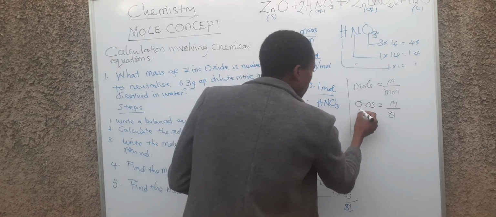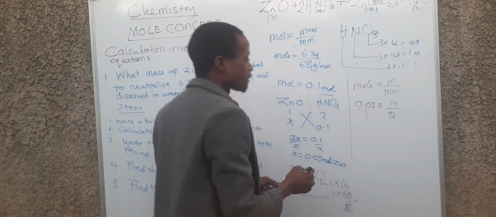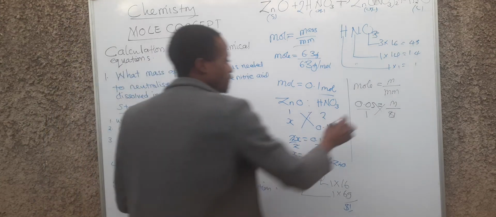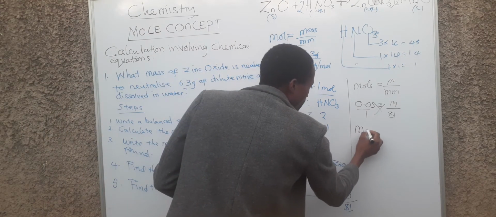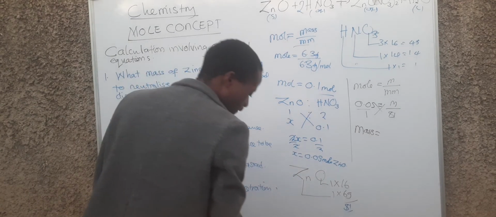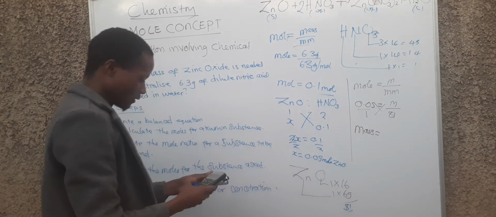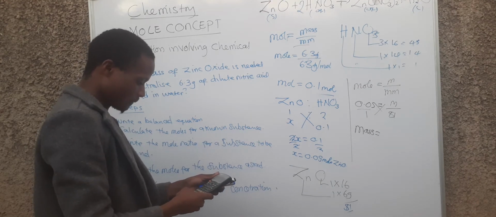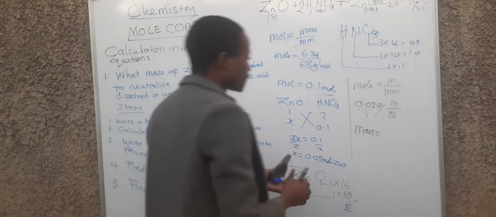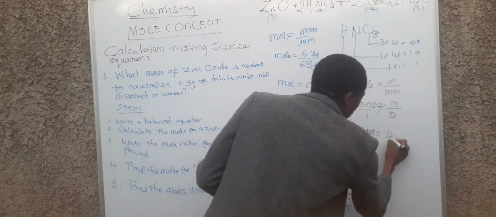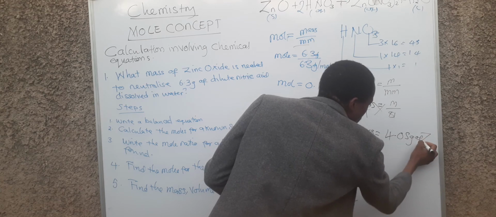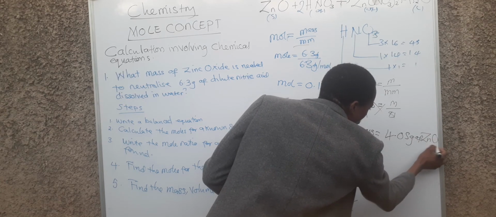Then you divide this one by 1, raise it as a fraction, and cross multiply, which gives you mass of the substance is equal to 0.05 times 81. So the answer I found there, 0.05 times 81, is giving us 4.05 grams of zinc oxide.